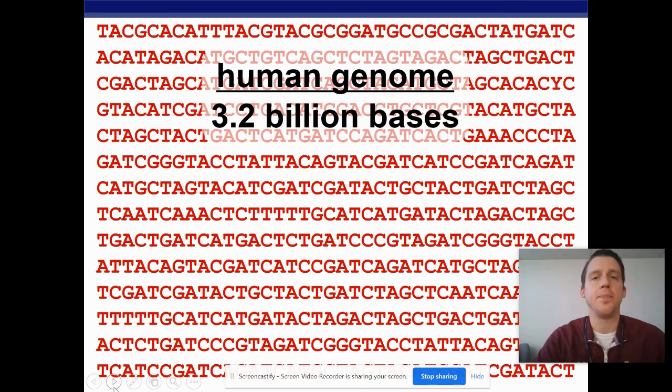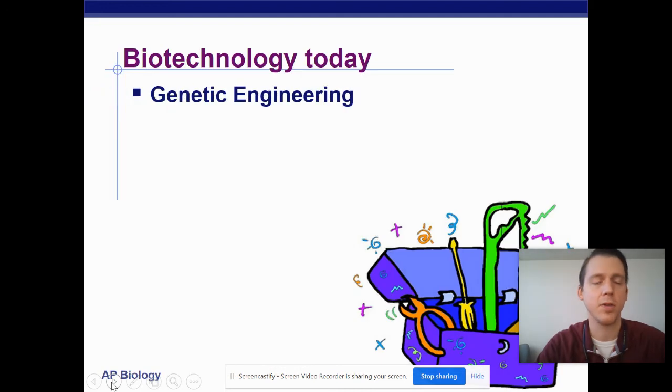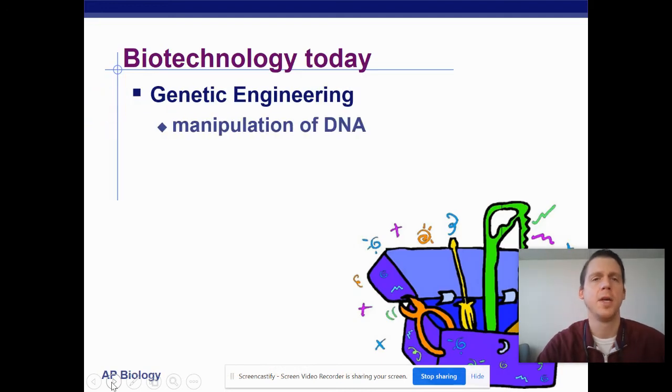So, biotechnology. The human genome has a lot of different bases, and reading those bases and understanding how to decode those bases is key to helping us use them to do some of the things we just talked about. So we know those bases are found on chromosomes, like you saw there.